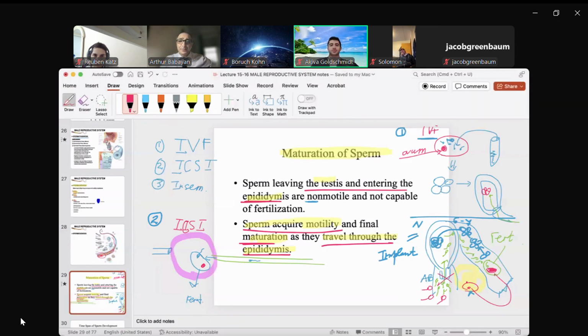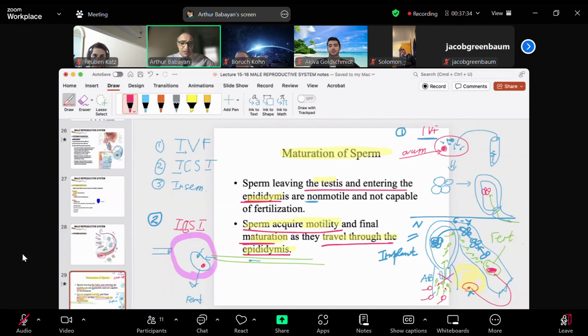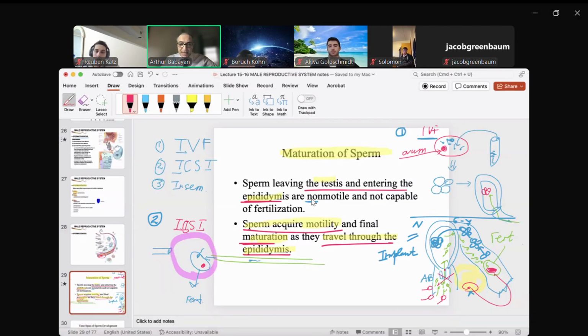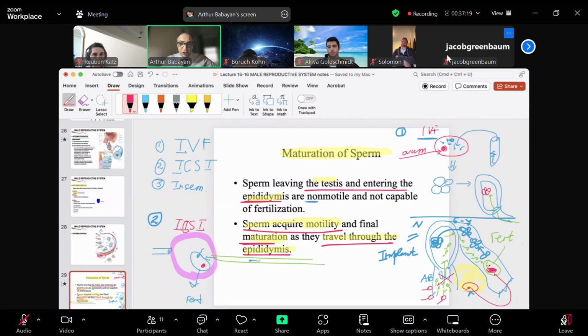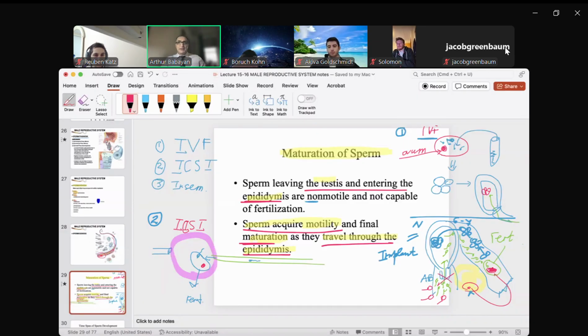After sexual intercourse, spermatozoa pass through the cervical canal. This is the uterus, this is the fallopian tube. Spermatozoa go in the direction of the mature egg and make the process of fertilization.